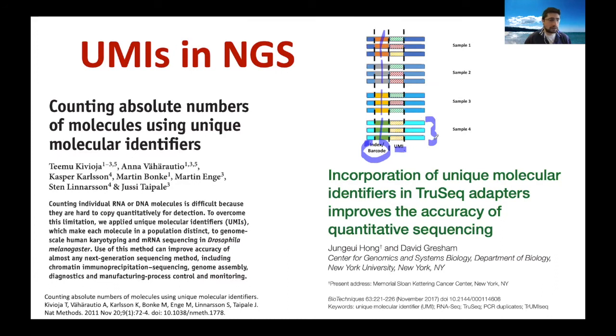It's possible that these three UMI reads are mapping somewhere else in the genome. So for example, read one here, read two here, read three here. If they are located in different parts of the genome, then they're obviously not coming from the same molecule.